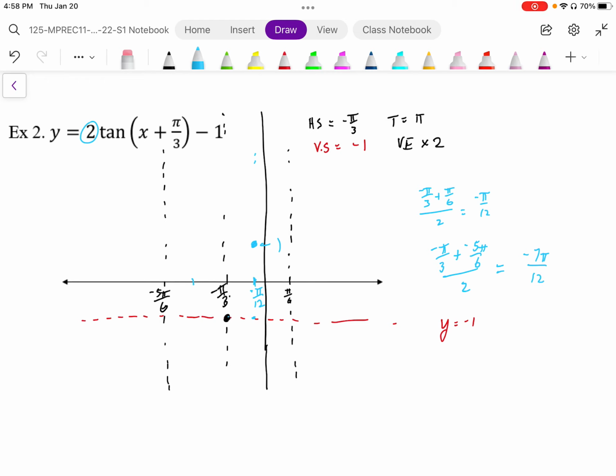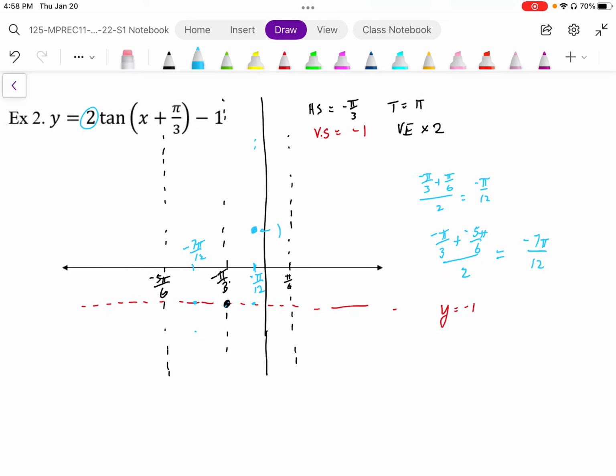So the location of that coordinate is negative 7 pi over 12. So I go from the middle, I go to the left, and instead of going down 1, I'm going to go down 2 units to locate that point. Okay, and that's at negative 3.